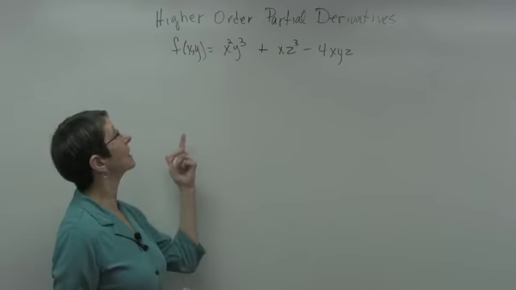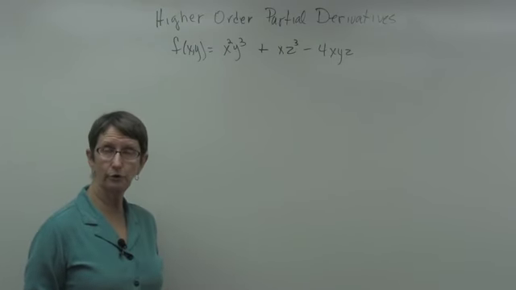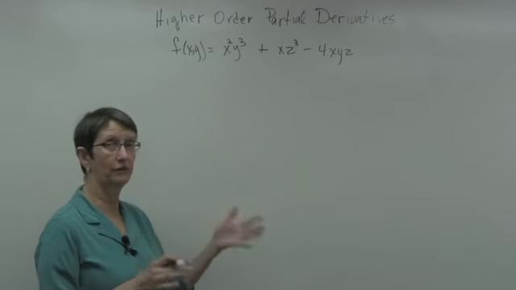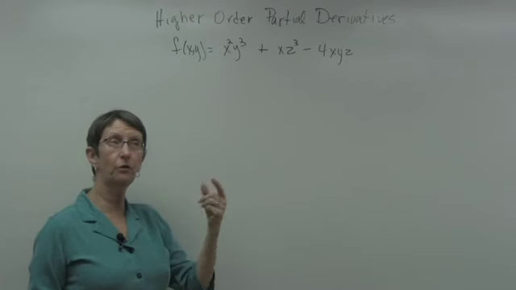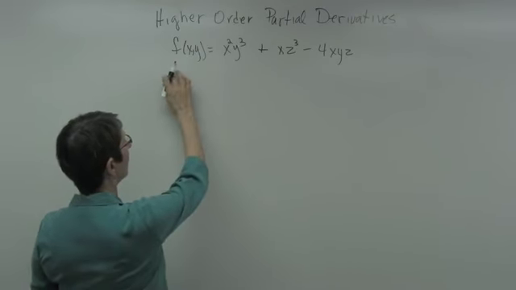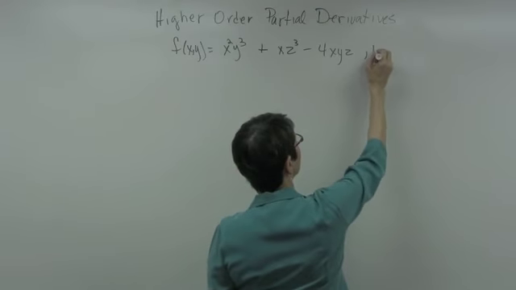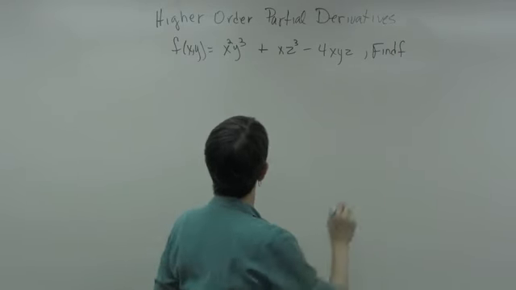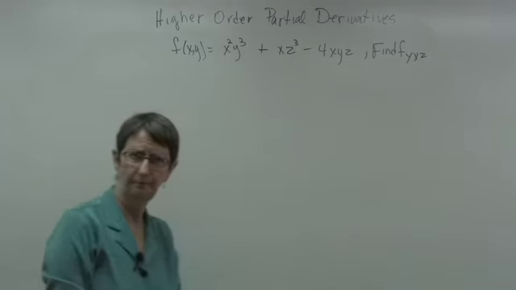Now we're going to look at a topic that we also saw back in single variable calculus, our higher order derivatives. But since we have partial derivatives now, one for each variable, we have numerous higher order derivatives even for one derivative. So if I take here, let's say that we're going to find the partial of f with respect to yxz.